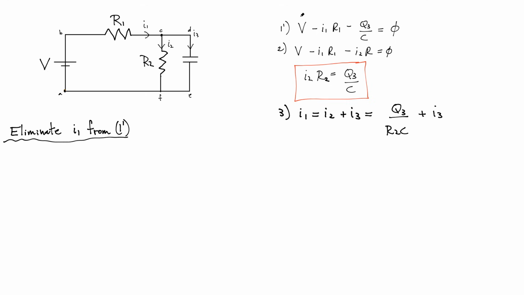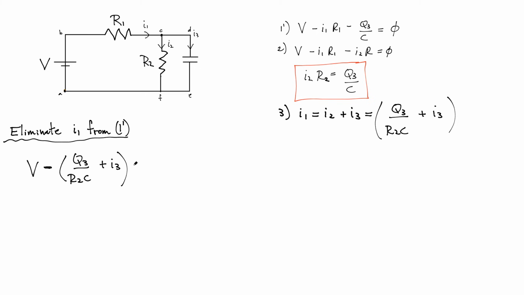Okay, so now let me write equation 1 prime. It's V minus, I want to eliminate I1, so let's open up a bracket and tuck everything we have from our junction rule into this equation. It's the charge flowing in this outer branch, Q3 over R2C plus I3.